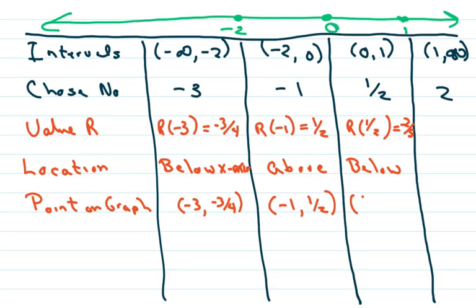That point is (1/2, -2/5). And on the interval 1 to infinity, I'm picking 2. r(2) equals 1/2, and that's above the axis. So we have (2, 1/2).